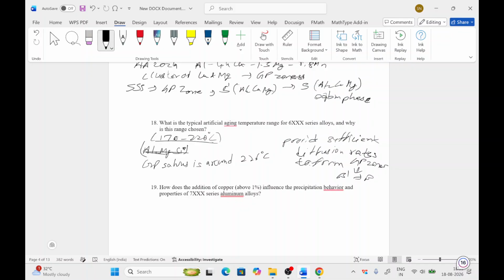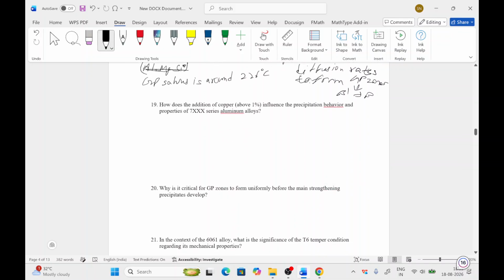So next question is, how does the addition of copper above 1% influence the precipitation behavior and properties of 7000 series aluminum copper alloy? So first we know that aluminum 7000 is aluminum and zinc.